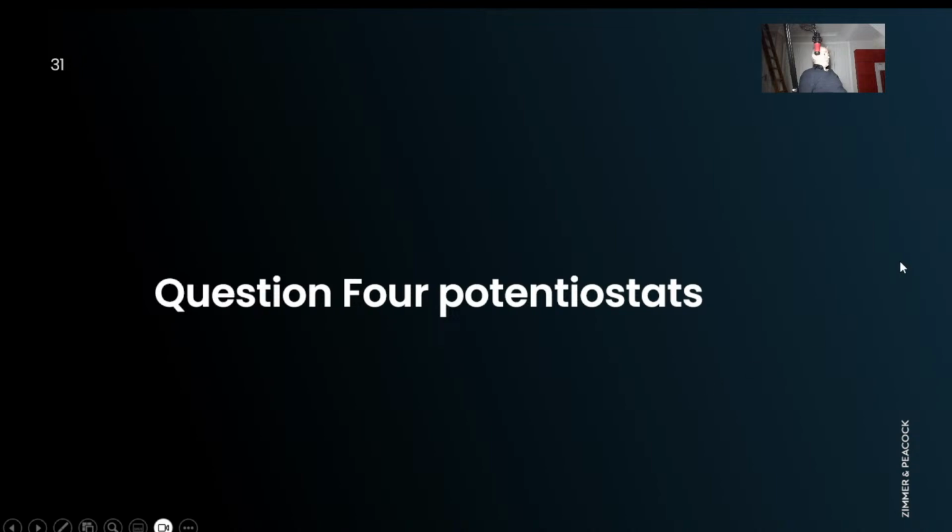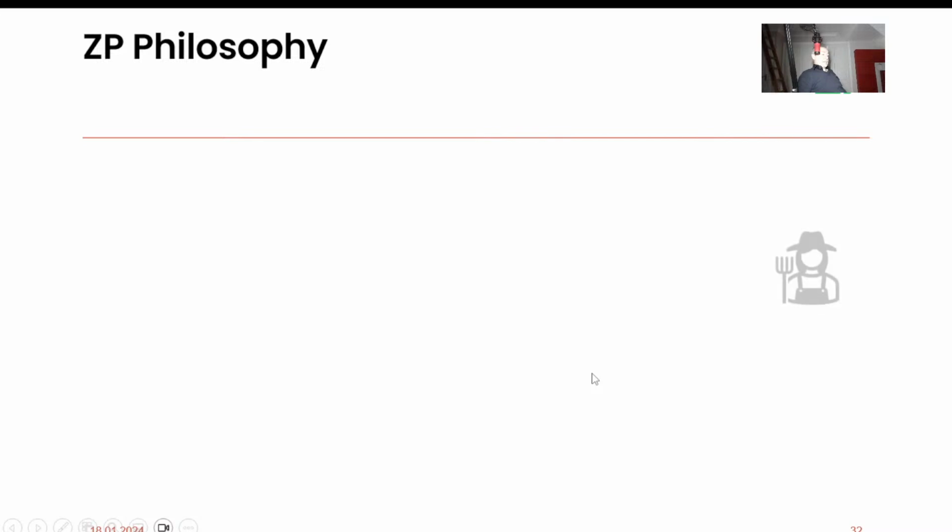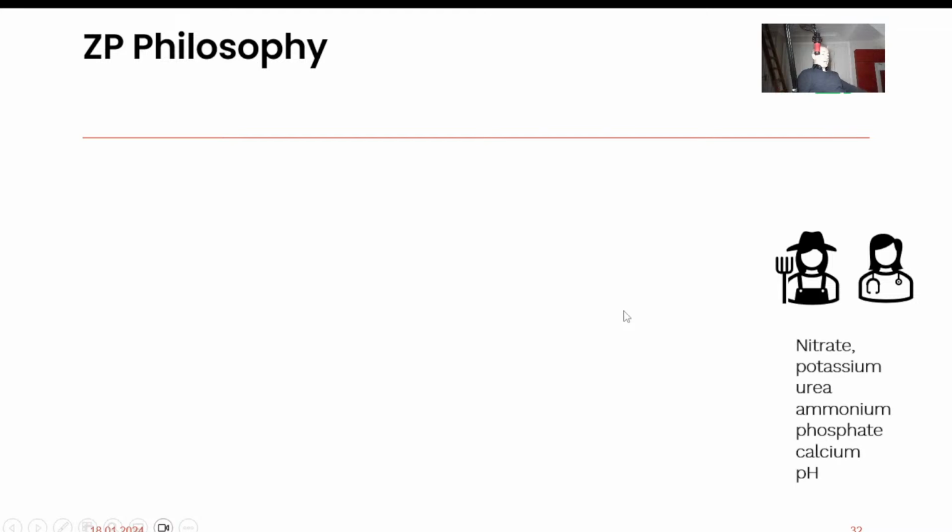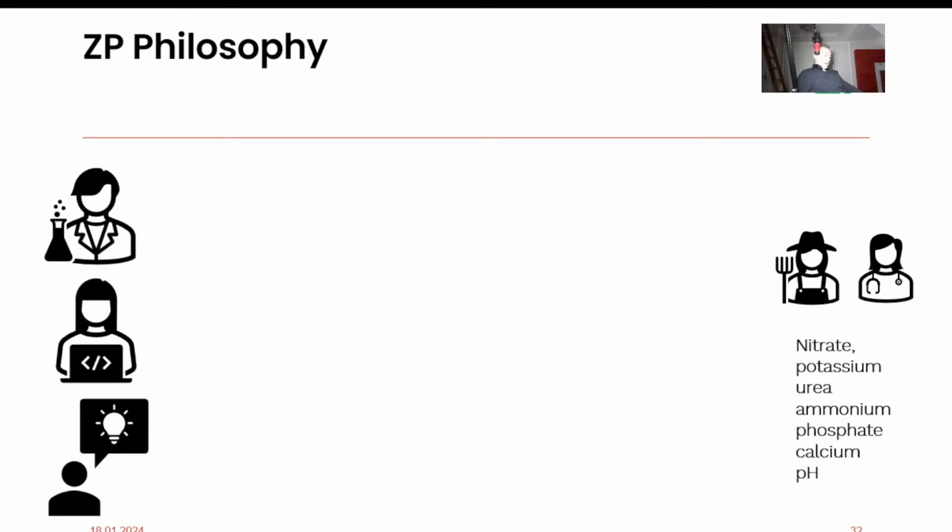I'm just going to do a last piece here, which is around Potentiostats. So at ZP, we think that there are people out there, like in the agricultural industry or in the medical industry or in the biotech industry, that need sensors. And there are people who are trying to provide solutions to those people.